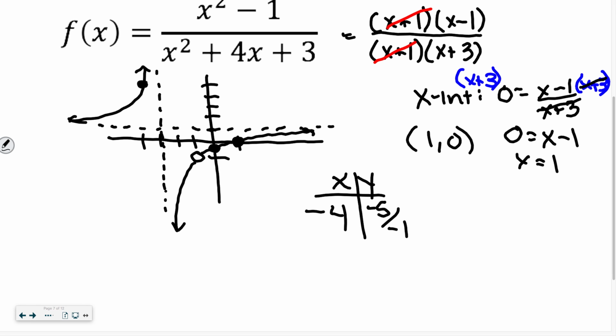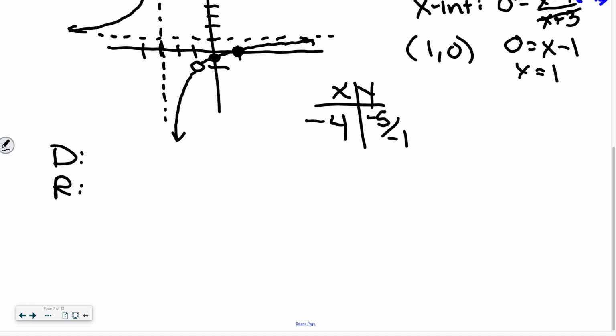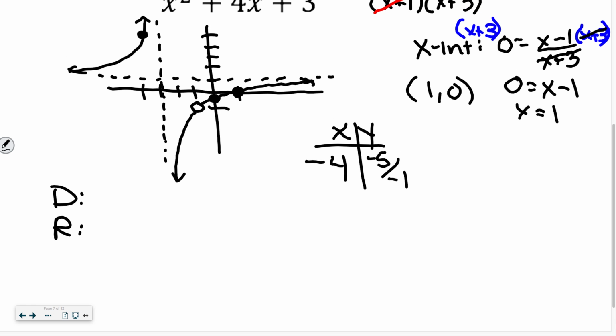Now, before we leave this, let's just real quickly label our domain and range. So I had made a note that your domain is restricted by the things that make your denominator equal 0. So what things made my denominator equal 0? Negative 1 for the hole, the x-coordinate of the hole, and negative 3, the vertical asymptote.